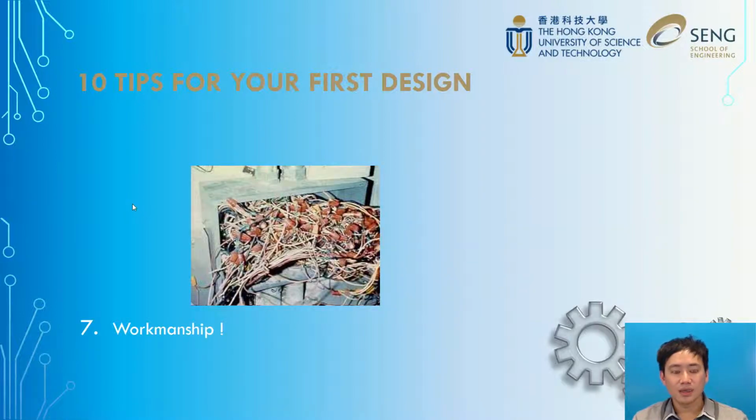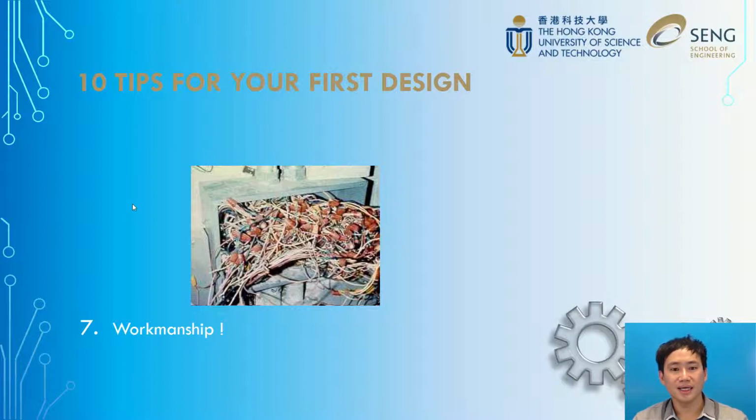Point number 7, and it's probably the most important thing, is workmanship. You can have a lot of theory and design concepts incorporated in the process. But if the workmanship is bad, if you cannot build a proper body of the airship, then all these theories are not useful and are not going to apply.